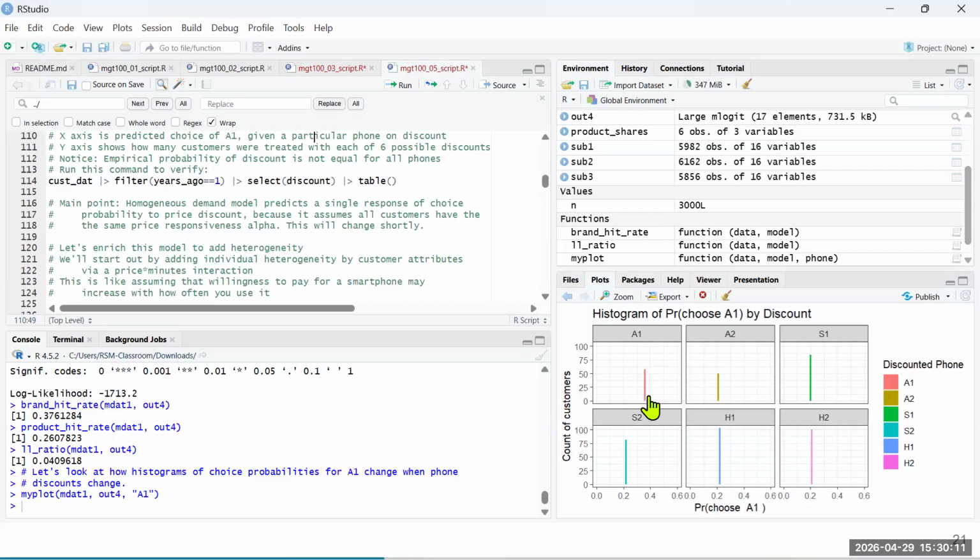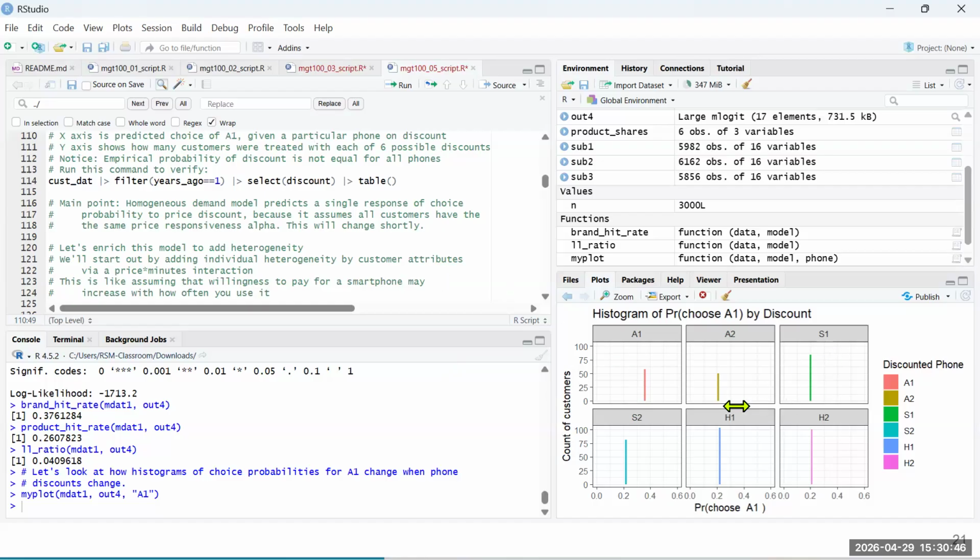And so the height of the bar shows how many people are currently receiving a discount for each of the 6 phones in M.1. And the x-axis shows the model's predicted choice probability for those people when they have that discount available.